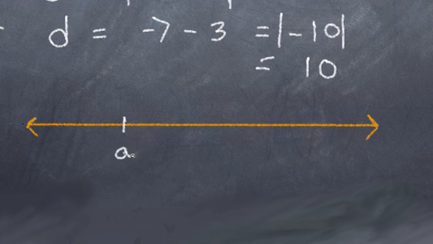We'll call this A, and this point B, and we want to know the distance between A and B. Since B is far to the right, we're going to say B minus A. B minus A. Of course, if we do B minus A, we should get a positive number.